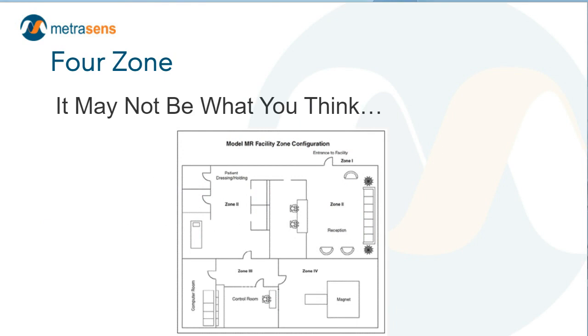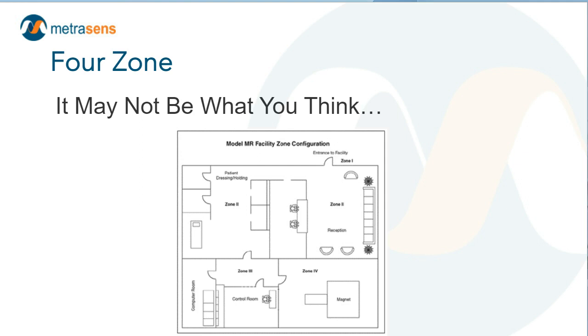And you may have seen the diagram I'm showing on the screen right now. This is from the ACR guidance document on safe MR practices. This has popularly been misunderstood to be a prototype floor plan that gets copied and pasted. The four-zone model really is not based on defining every space with a room.